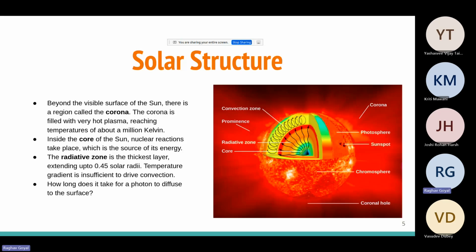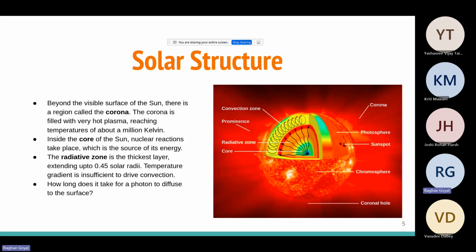Beyond the core, we have the radiative zone. The radiative zone is the layer of the sun where energy transfer takes place through radiation. So convection does not have much of a role in this layer, because of the temperature gradient and the capacity to flow needed to facilitate convection.